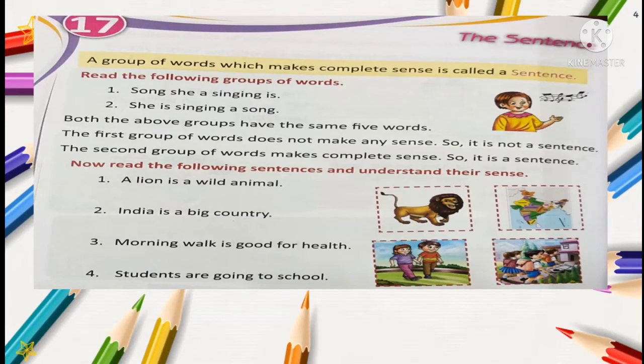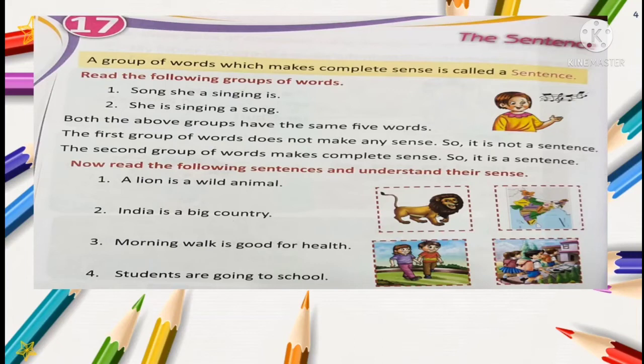Look at this slide which I have taken from your book. First, if someone asks you what a sentence is, how will we define it? A group of words which makes complete sense is called a sentence. For example, "song she is singing is," as I have shown you earlier also.